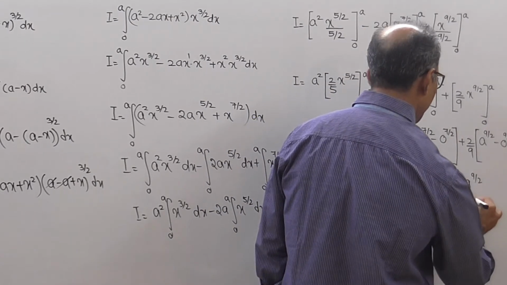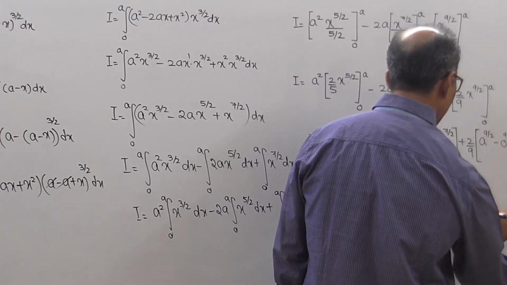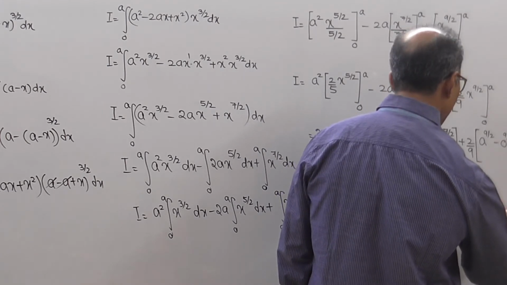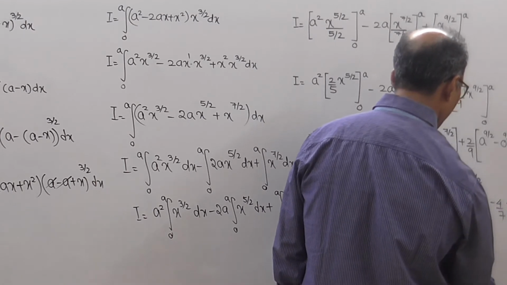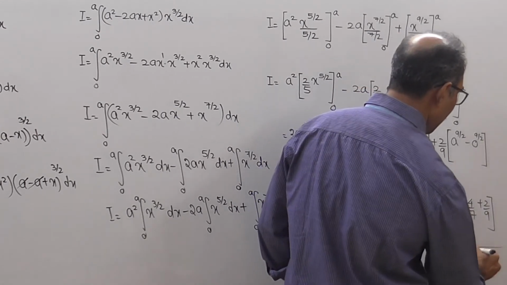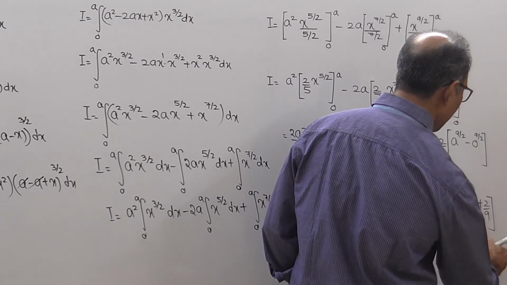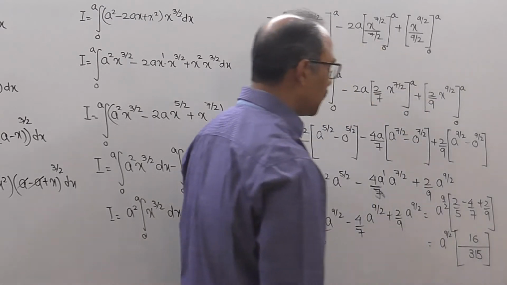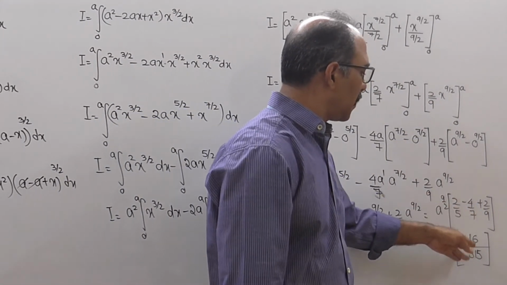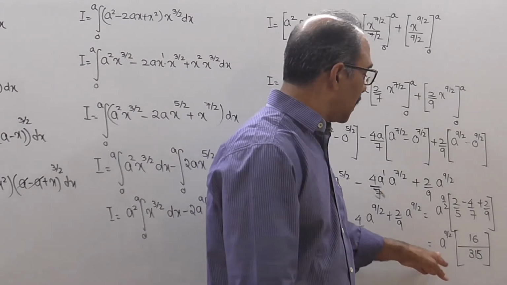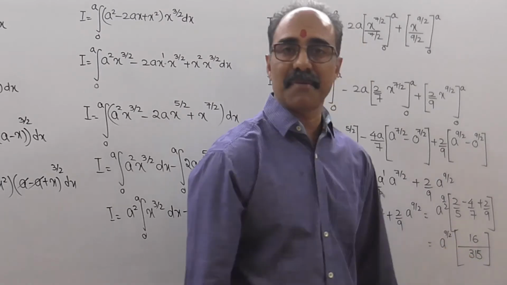So what we can do is we can take a raised to 9 by 2 common, we get this as 2 by 5 minus 4 by 7 plus 2 by 9. Take the LCM. The LCM is 315 and this is 16. So the answer will be 16 a raised to 9 by 2. When you take LCM, cross multiply and all that, you get the answer as 16. The answer will be a raised to 9 by 2, 16 upon 315.